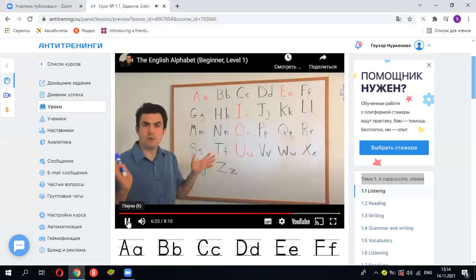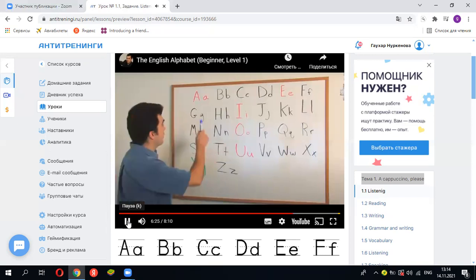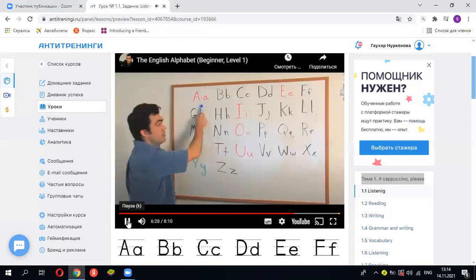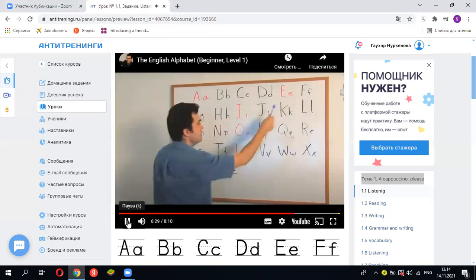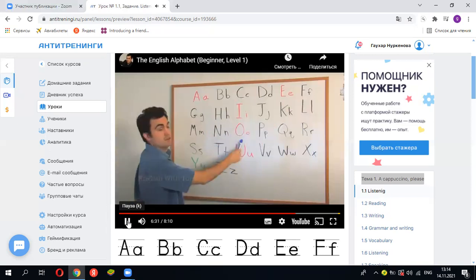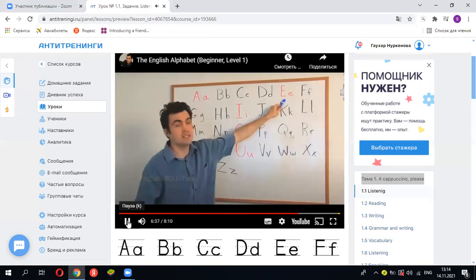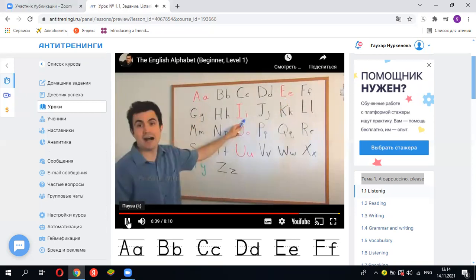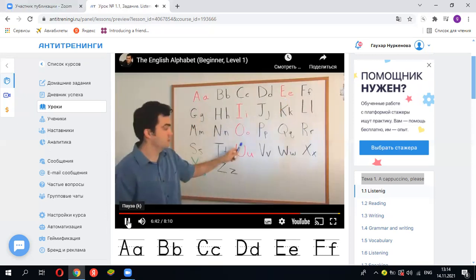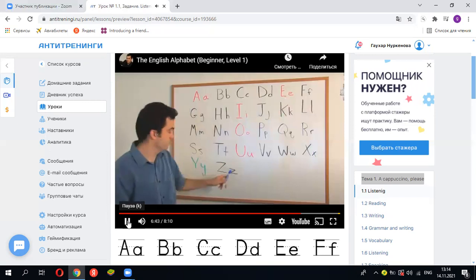What are the vowels? The vowels are in red. A, E, I, O, U. Again. A, E, I, O, U. Sometimes Y can be used as a vowel.